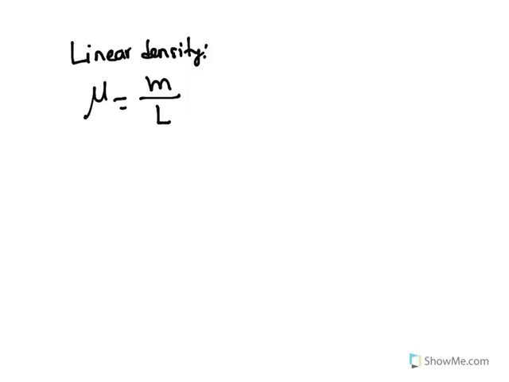We can define the linear density, which we denote with the letter mu, and it's going to be equal to the mass per unit length. That's for a string. It's like the volumetric density, mass over volume, but in this case it is mass over length.